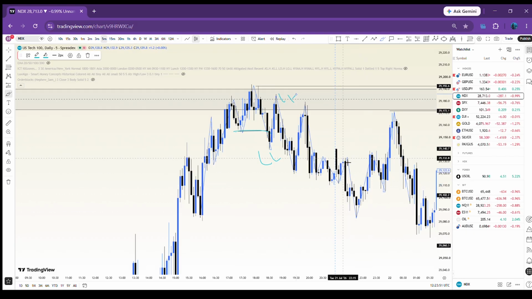It breaks this lower high, then it becomes a higher high, then a higher low, then a higher high. This is an uptrend. Okay, you got it now.